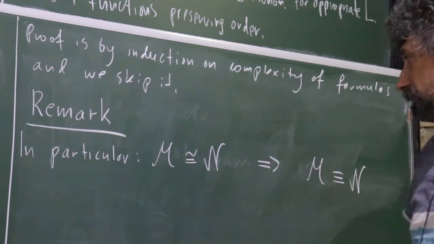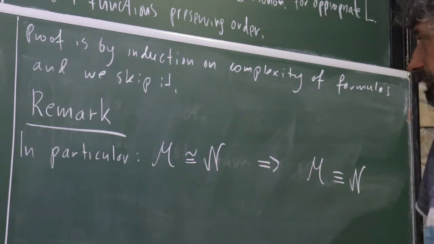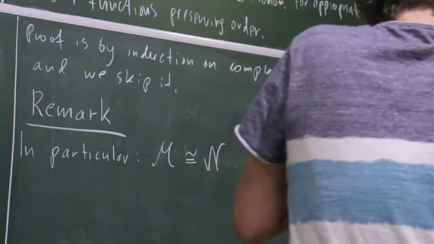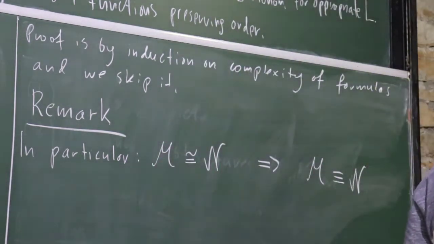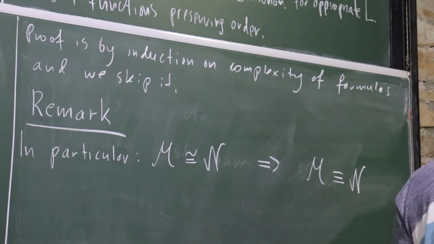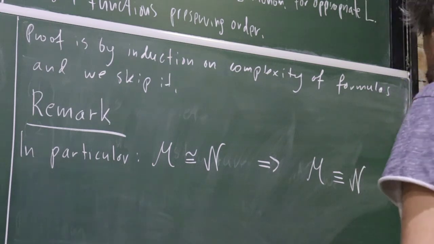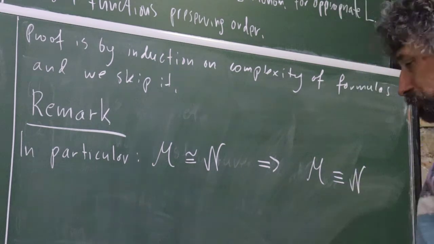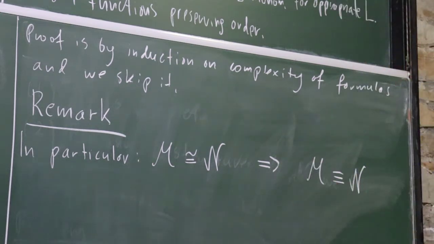Okay, the truth, but this is much stronger. Because of the kind of the argument. Yes, it's not the same. But still, soon we will see examples that it's not the same.